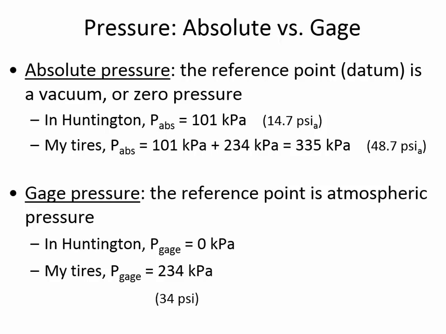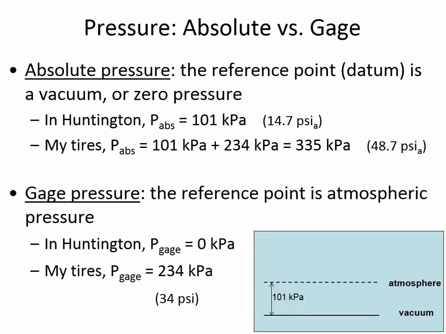Just another way of looking at it is with this diagram. We've got two lines against which to measure pressure. Vacuum is the lowest of the two. There's no such thing as a negative vacuum pressure. The atmospheric pressure is 101 kilopascals above vacuum pressure. That means there are some molecules floating around in this air right now, so we do have some positive pressure in terms of absolute pressure for the atmosphere.